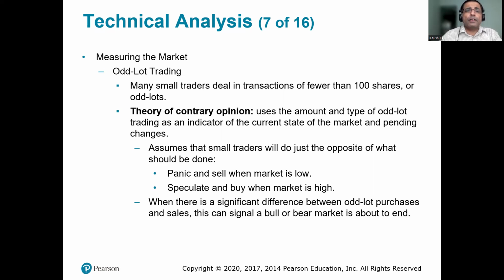So if the volume of odd lot trading increases, it means there are more small traders who are active. It means either the bull market is coming to an end because they are late entrants, and it could also mean that the bear market is about to end because odd lot traders tend to stay longer in the bear market.